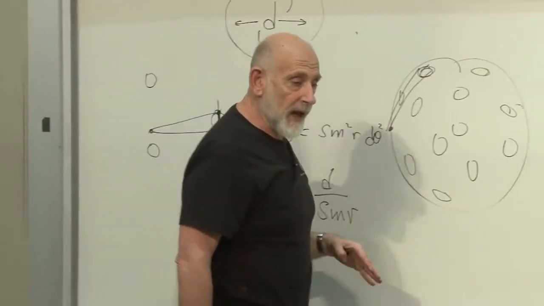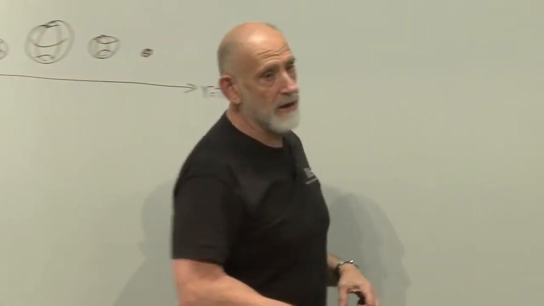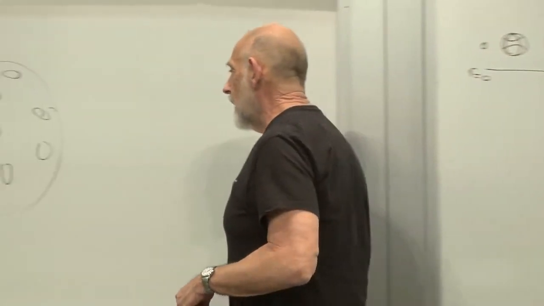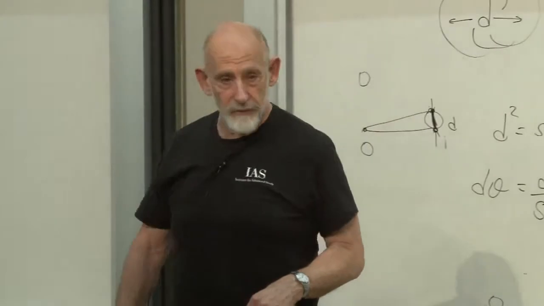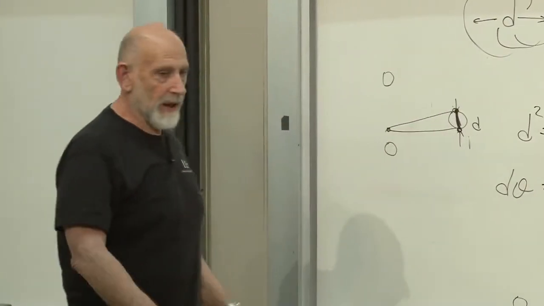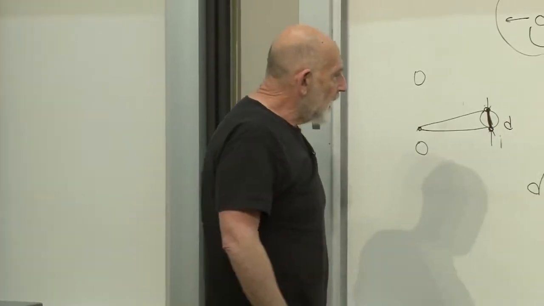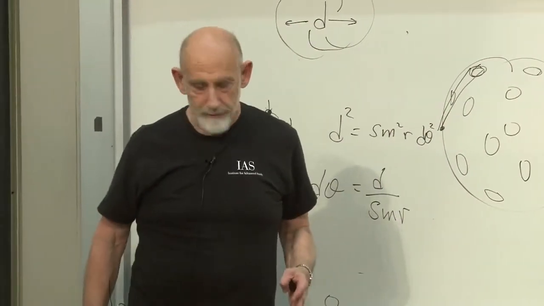Consider the angle subtended by a galaxy a few billion light years away from us. If we lived on a sphere, that galaxy would look bigger.